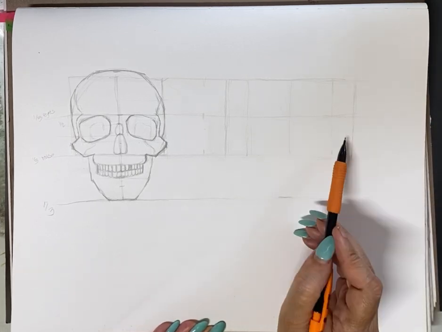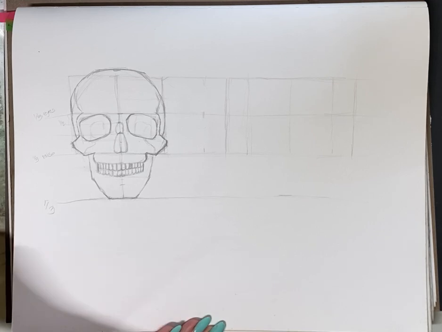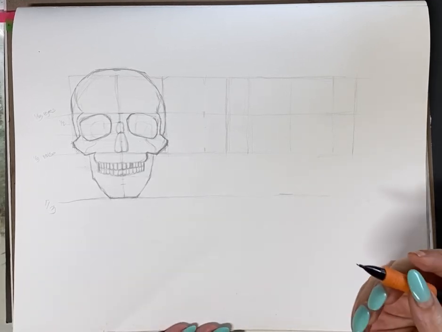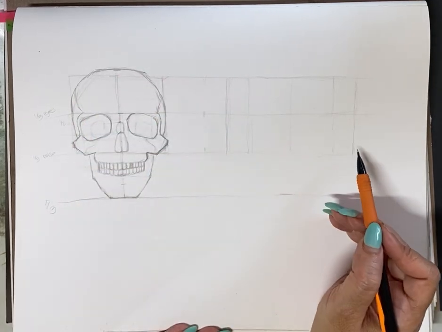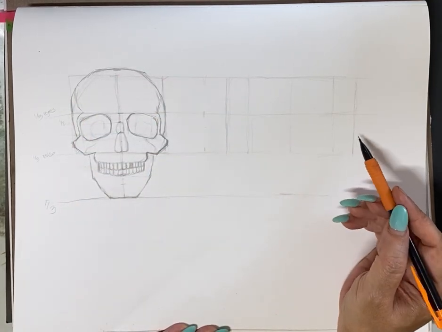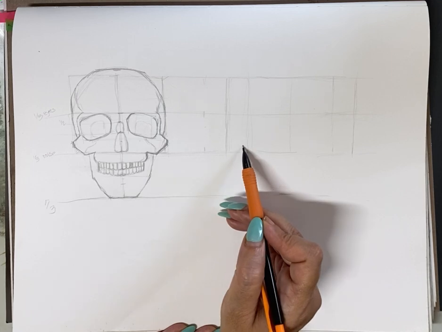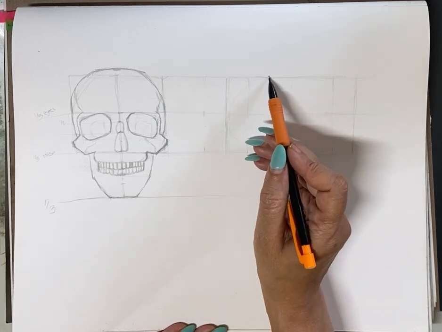Okay, half of a square here, half of this one here, and then instead of having a balloon shape, you will have mostly an oval shape.